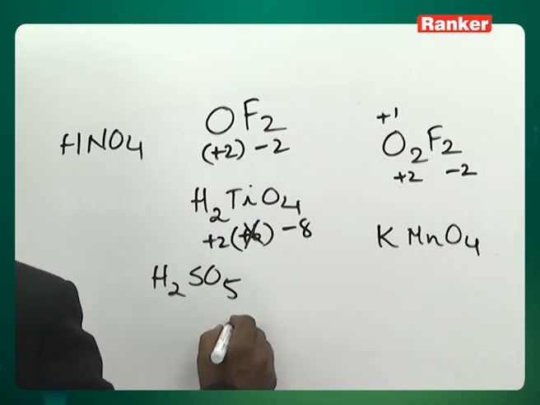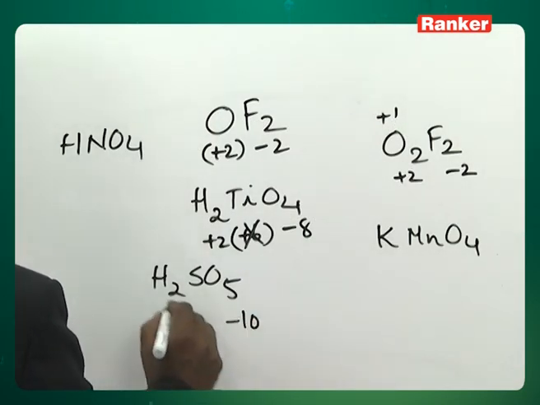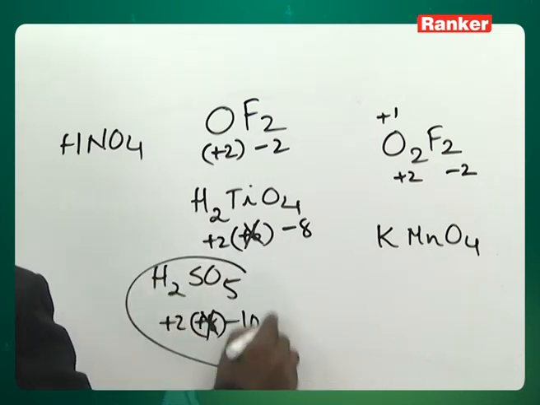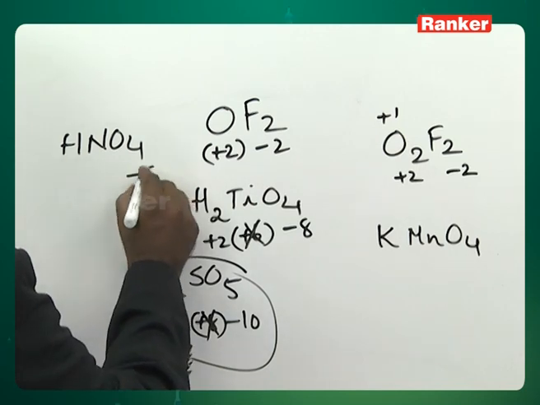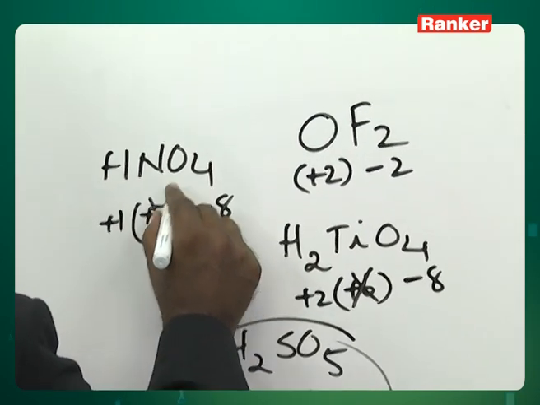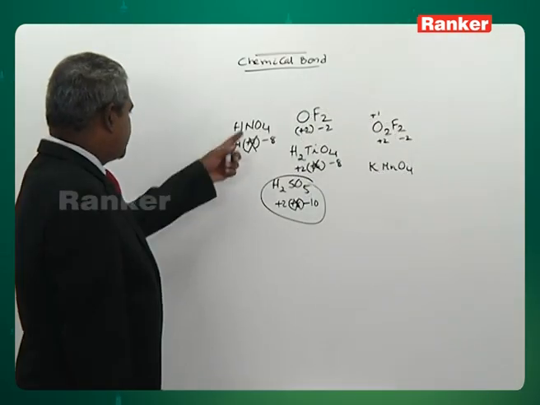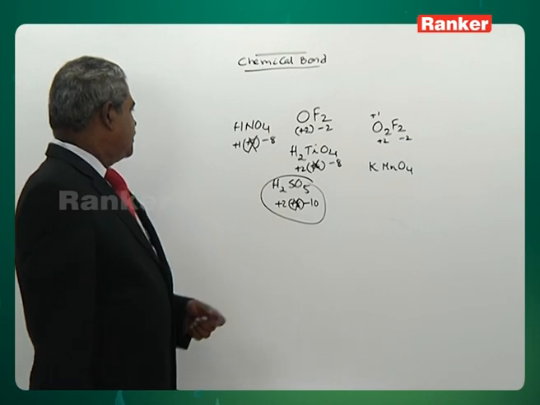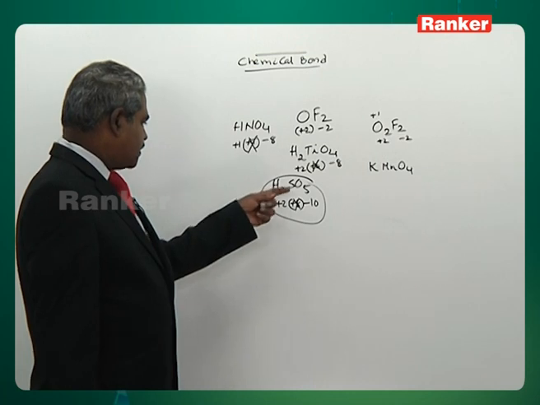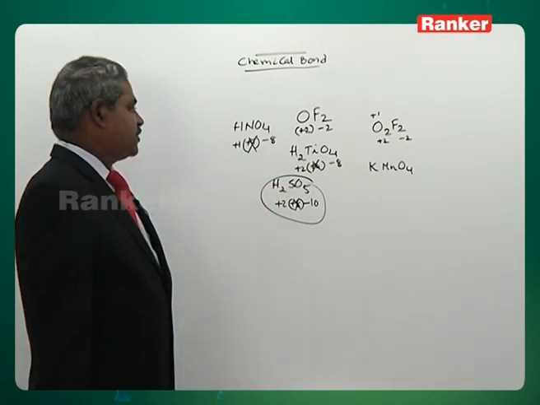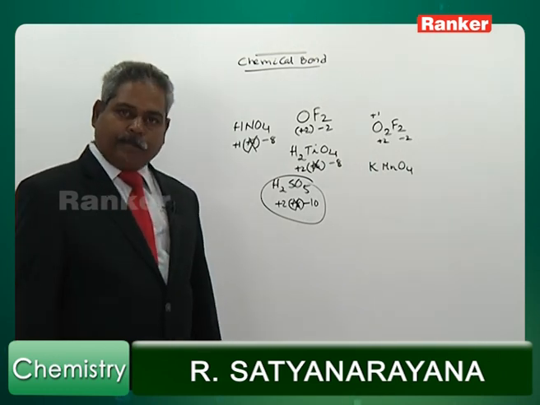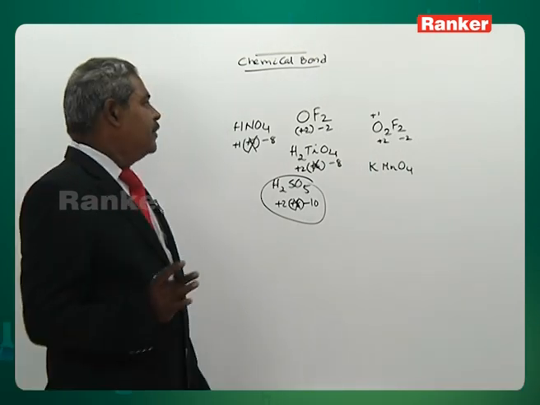H2SO5: minus 10, plus 2, plus 8, impossible, peroxy. HNO4: minus 8, plus 1, plus 7, impossible. Pernitric acid, peroxynitric acid, it contains a peroxy bond. Persulfuric acid, peroxysulfuric acid.